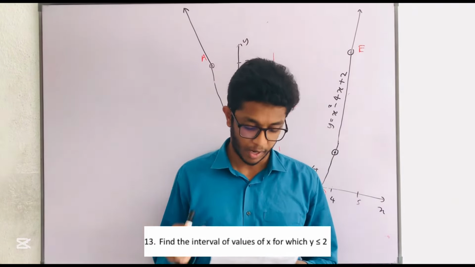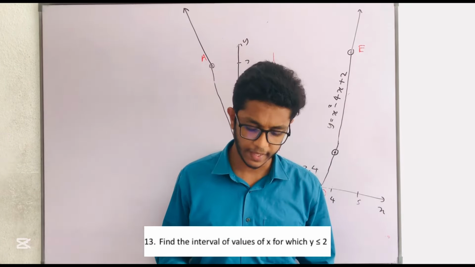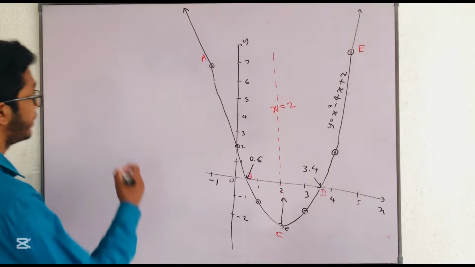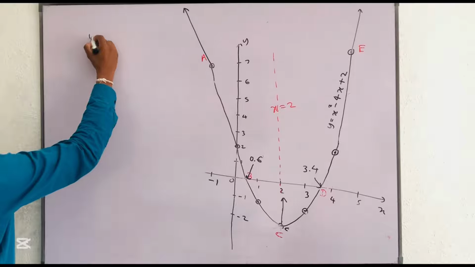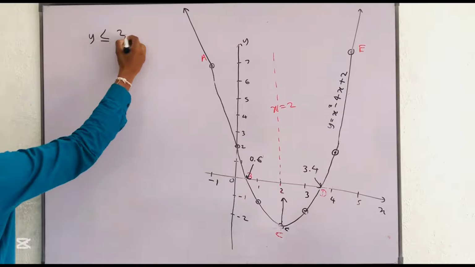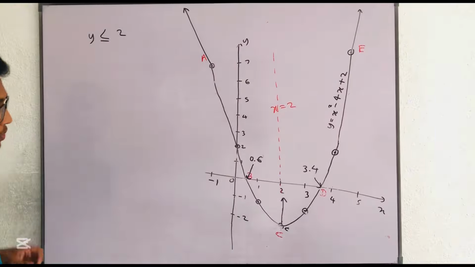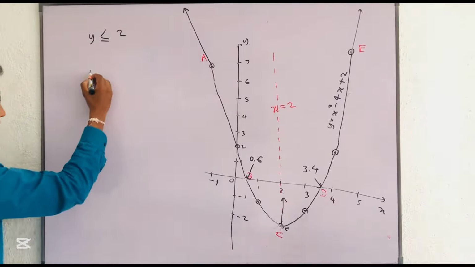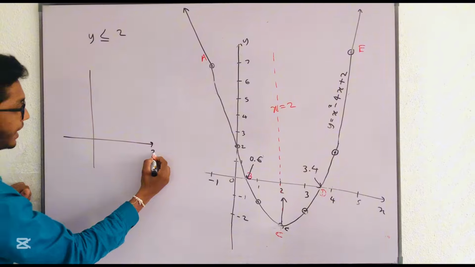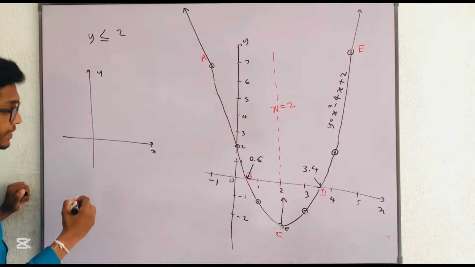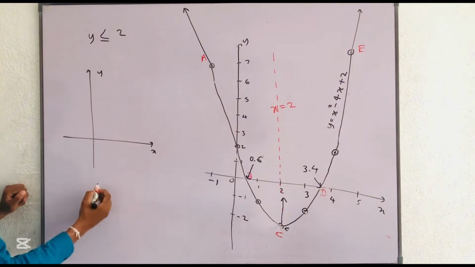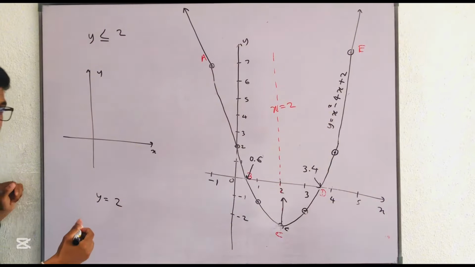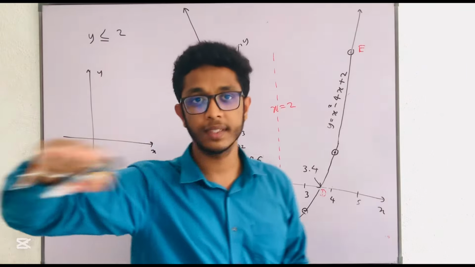Question number 30. Find the interval of values of x for which y is less than or equal to 2. So if I represent this in the Cartesian plane, this is my x-axis, this is my y-axis. If I draw the line y equals 2, I told you y equals lines are always horizontal lines.